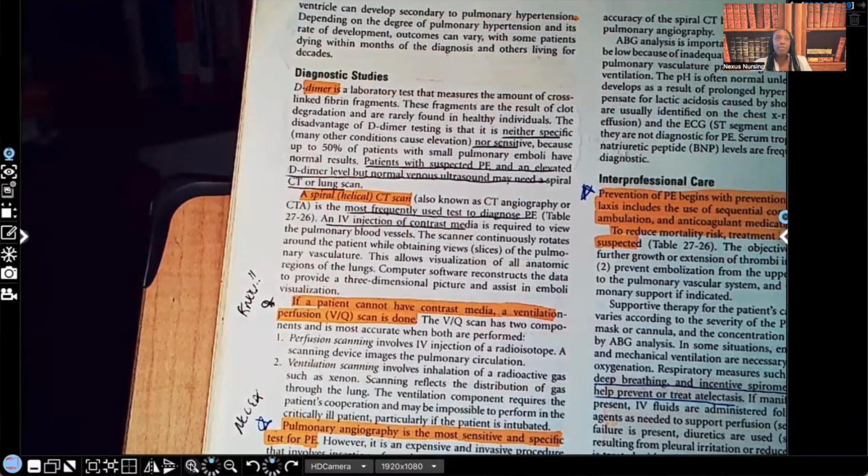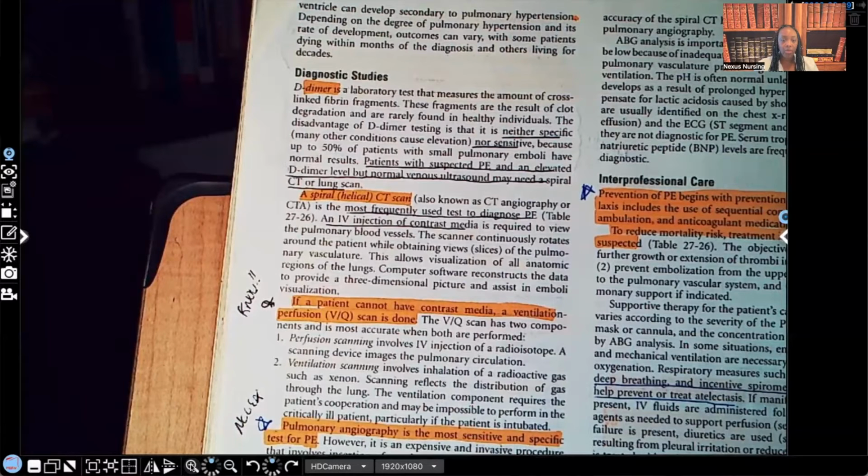So a D-dimer is one of the diagnostic tests, but that's not the definitive diagnostic test because, again, it's not specific, it's not sensitive. But if they suspect that patient is having a pulmonary embolism, they'll do the D-dimer. If that D-dimer is also elevated, then they may start doing more specific testing. Again, spiral CT or a lung scan.